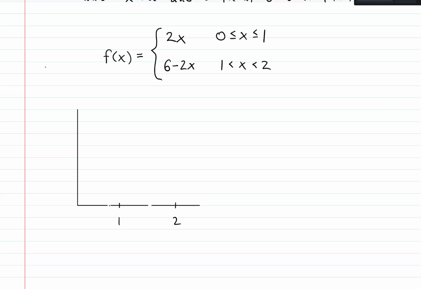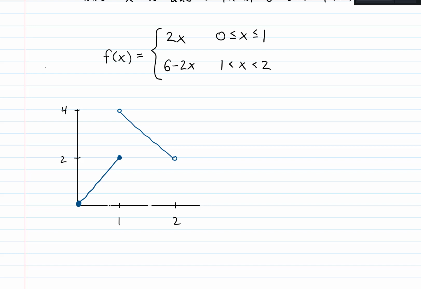Let's put here 2 and 4. All right, so here's what this function would look like. Between 0 and 1, it is a line with a slope of 2. It would look like this. Between 1 and 2, it's a line with a slope of -2 that looks like this. Okay, that's what the graph of the function looks like.